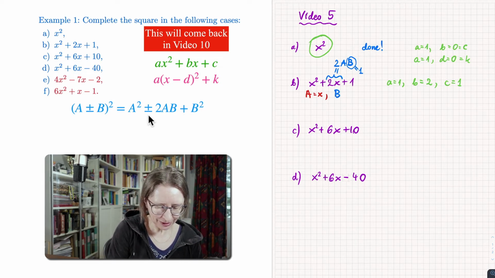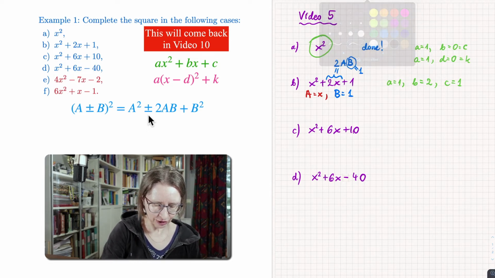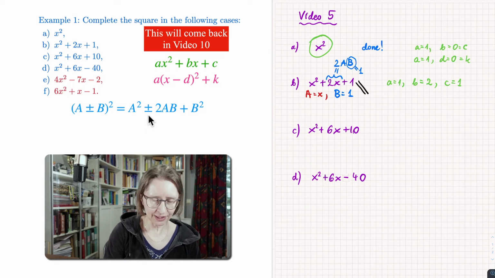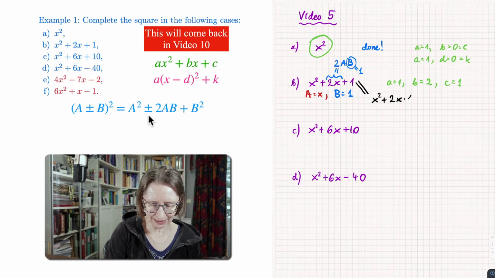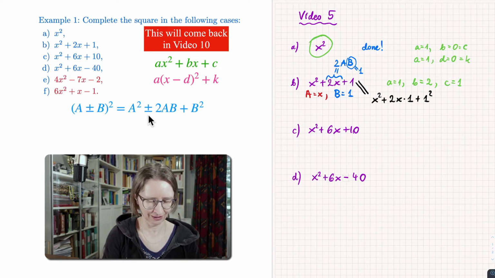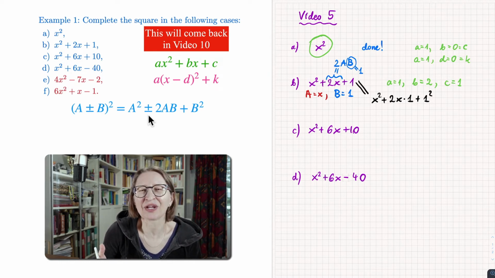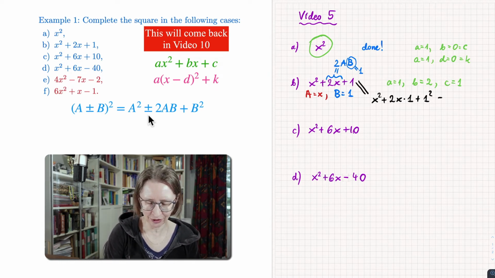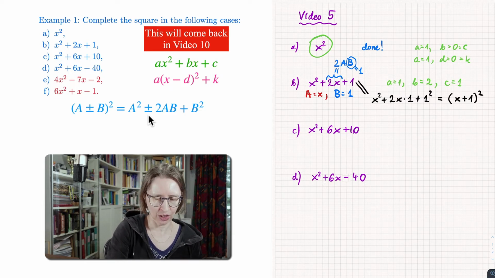So capital B is equal to 1. And here I see that I can actually write that this is equal to x squared plus twice x times 1 plus 1 squared. And, well, it is already a perfect square, right? So I just can write that it is x plus 1 all squared.